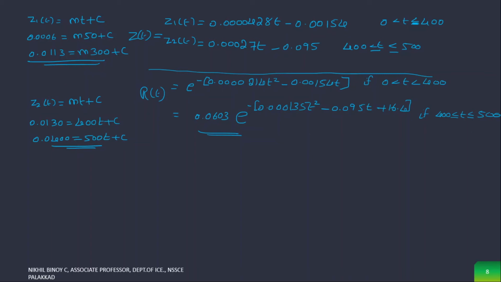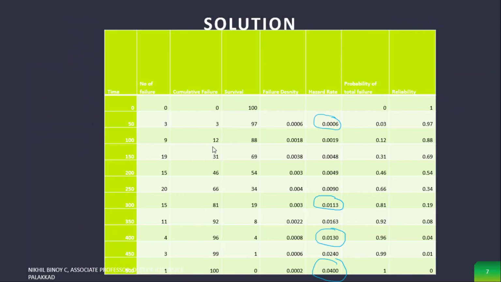Okay. So the value is 0.9417. Corresponding to 100, we have 0.9417. So actually the value is 0.88. Here it is 0.9417. Is it okay? A 0.06 difference is there, and that one is a large difference.